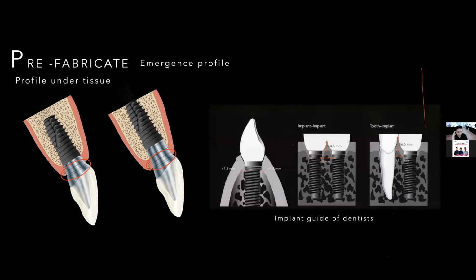Between the neutral tooth and the implant, they need over 1 millimeter, and between two implants we need to keep the bone distance over 3 millimeters. And then the ideal position of the implant feature in the bone is maybe 1 millimeter.